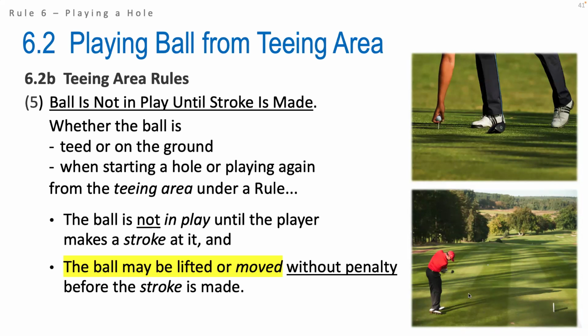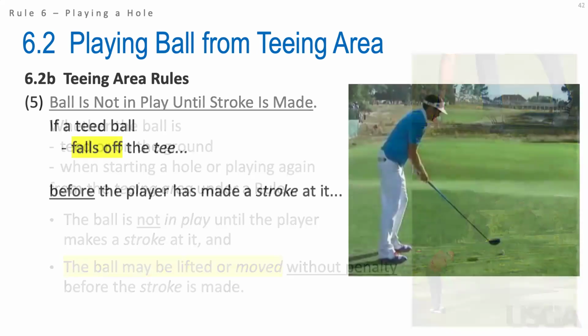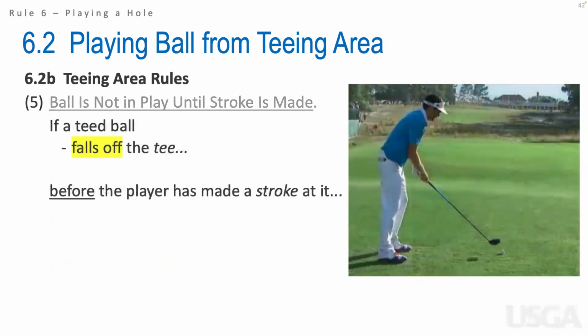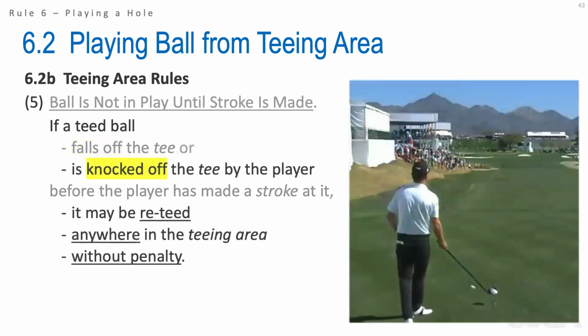So if you want to change where you've teed your ball up, you just noticed, hey, I don't like where I did that, if you haven't made a stroke at it, by all means, go ahead and re-tee and lift and move the ball. But if the ball falls off the tee before the player's made a stroke at it, or if it's knocked off the tee, you can just re-tee it anywhere within the teeing area without penalty.